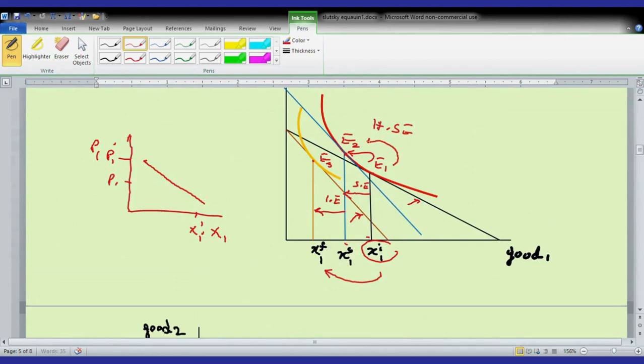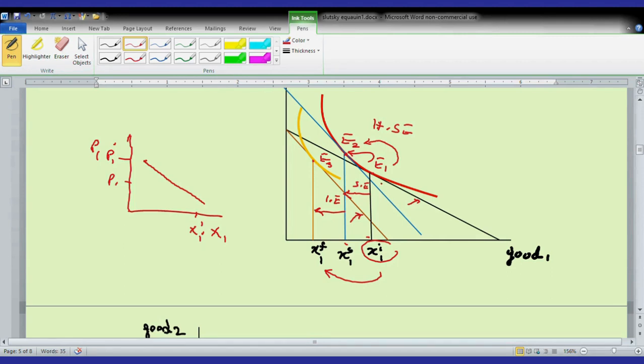Because we are moving along the same indifference curve, points E1 and E2 both lie on the Hicksian demand curve, and points E1 and E3 lie on the Marshallian demand curve.